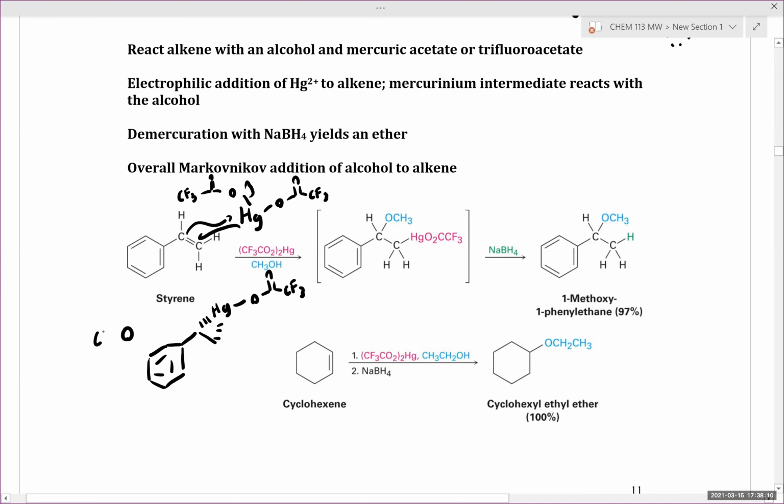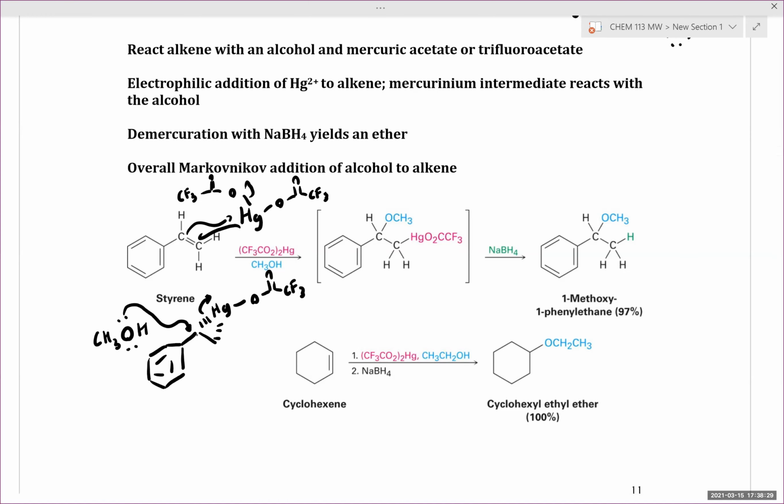So in this case, if we use methanol as our solvent, we'll attack and open our mercurinium intermediate with Markovnikov regio control. In this case, we're attacking the more substituted secondary position, and it's a benzylic position.